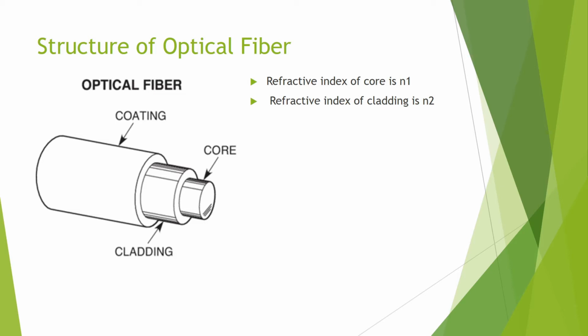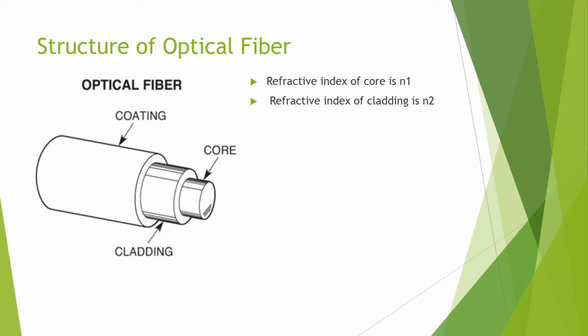If I say the refractive index of the core is N1 and the refractive index of the cladding is N2, then the refractive index of the core should always be greater than the refractive index of the cladding, so as to have internal reflection of the signal inside the core.